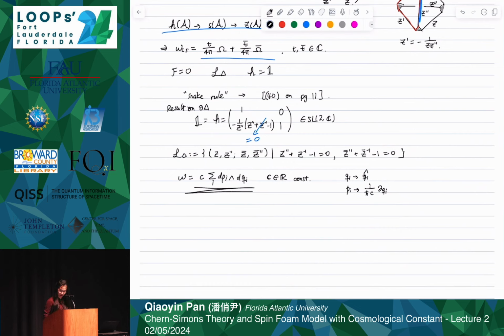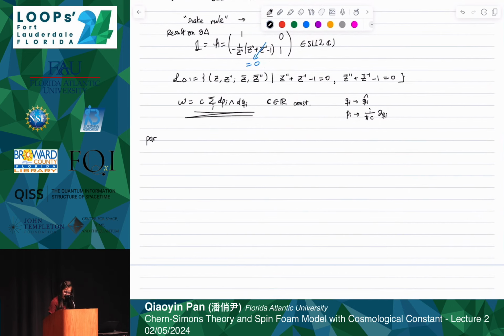reparameterization of the coordinates. What we do is parameterize z and z double prime. We write z as a function of two parameters, mu and m, defined as exponential of 2 pi i over k times (b mu minus m). And z double prime is also a function of two parameters, nu and n, in the same form, with 2 pi i over k and minus ib. I will tell you what b is in this form.